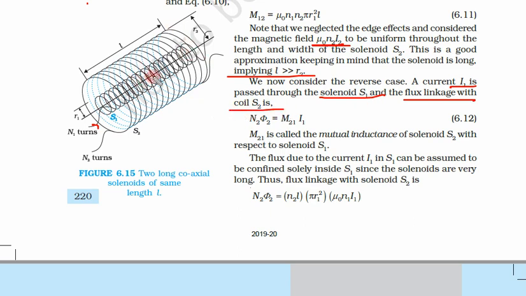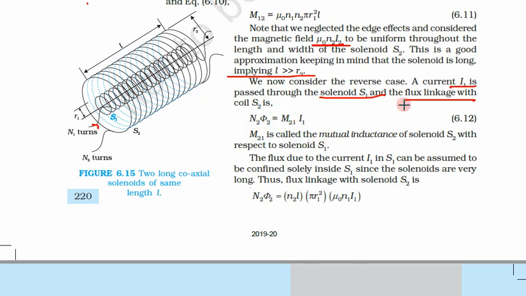Since this coil is inside this outer coil, there will be some flux linkage with the outer coil as well. So let us see what is this. N2 phi 2 is equal to, now this constant is reversed, M21, and current is I1 because current is flowing in inner coil, and flux linked is with outer coil. So N2 phi 2 is equal to this constant into I1.